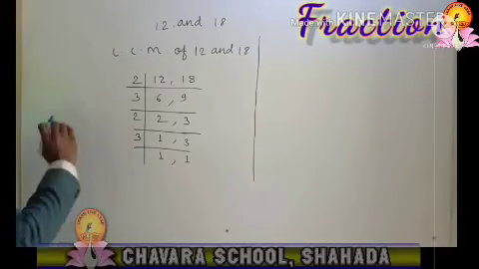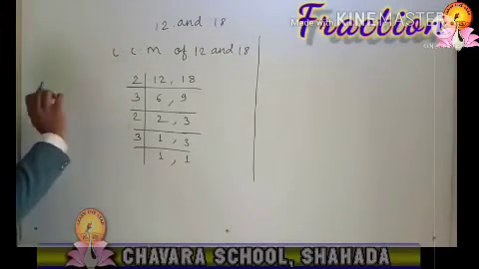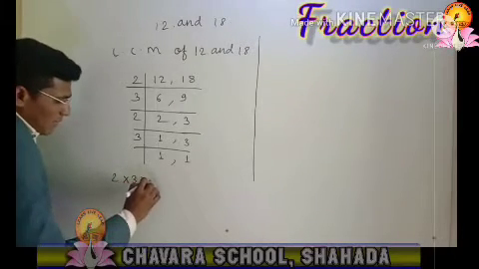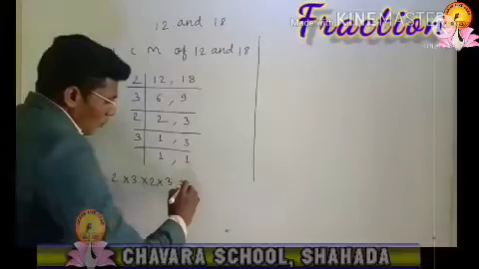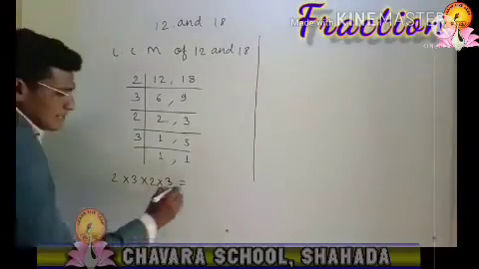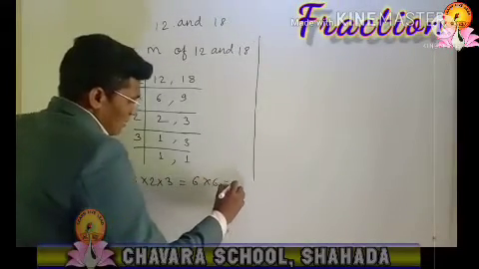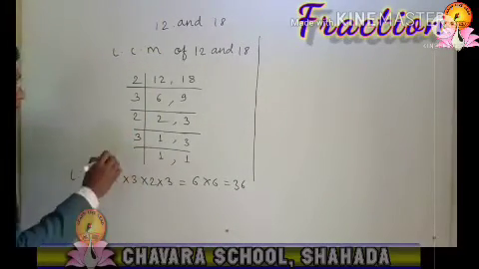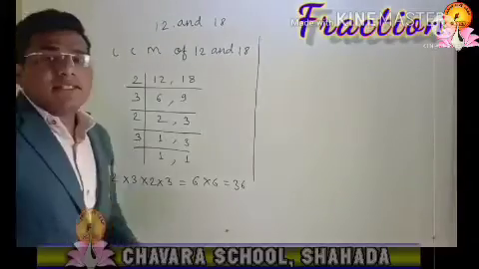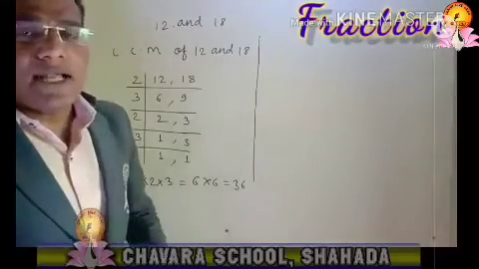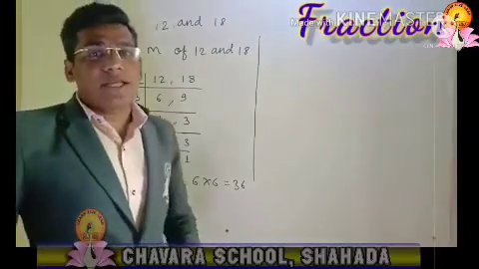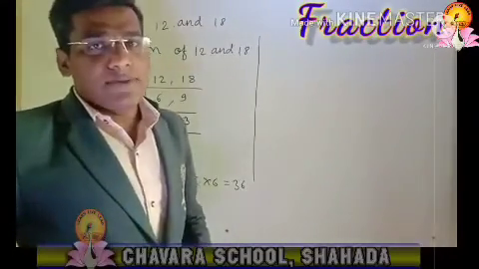Now whatever values we got, 2, 3, 2, 3, we have to multiply them: 2 multiplied by 3 multiplied by 2 multiplied by 3. We get 6 into 6 equal to 36, and 36 is the LCM of 12 and 18. This is how we find the LCM of 12 and 18, and by using this same process you can find the LCM of any values.